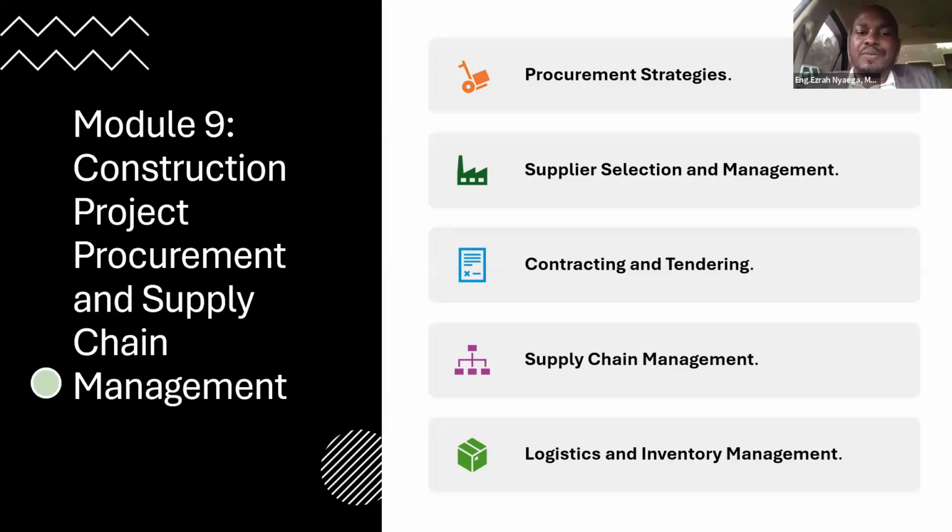And of course, mainly, we need the key resource, which is personnel. You realize that it may go through the procurement process. So you need to understand the different procurement strategies that you can use, supplier selection and management, contracting and tendering, supply chain management, logistics, and inventory management.